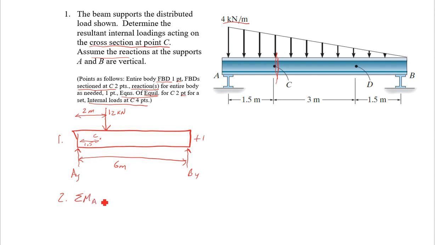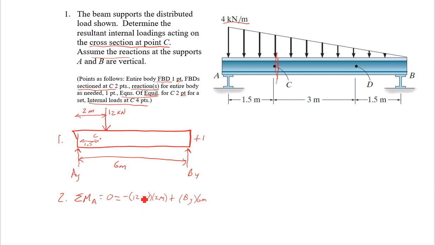So I'll start with the moment around A. It has to be 0. What does that moment look like? We'll have 12 kilonewtons at 2 meters. It's creating clockwise motion, so we're going to have negative 12 kilonewtons times 2 meters plus BY at 6 meters.